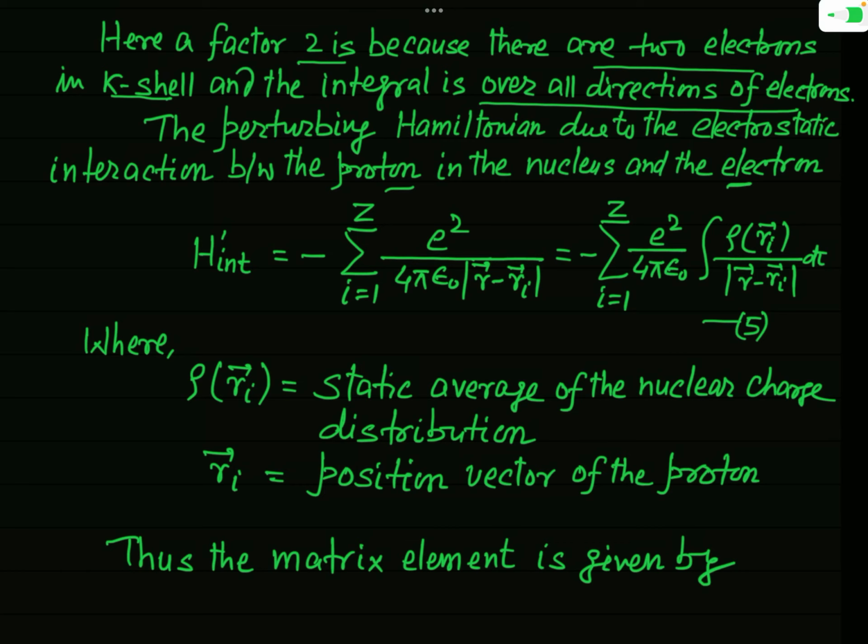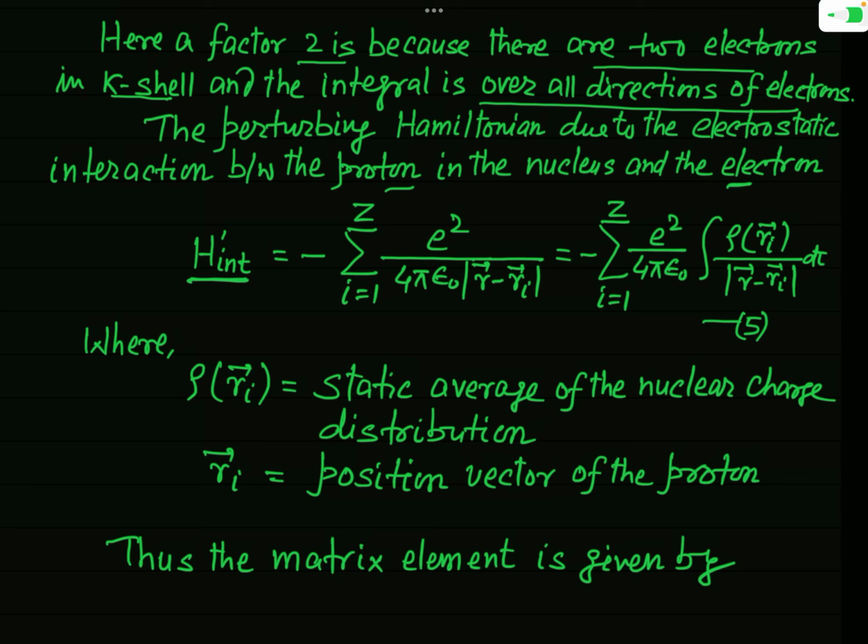So the perturbing Hamiltonian due to the electrostatic interaction between the proton in the nucleus and the electron is given like this, H prime internal, and that will be equal to, as you know, proton has positive charge, electron has negative charge, so this electrostatic potential energy will be negative. So I have written a minus sign.